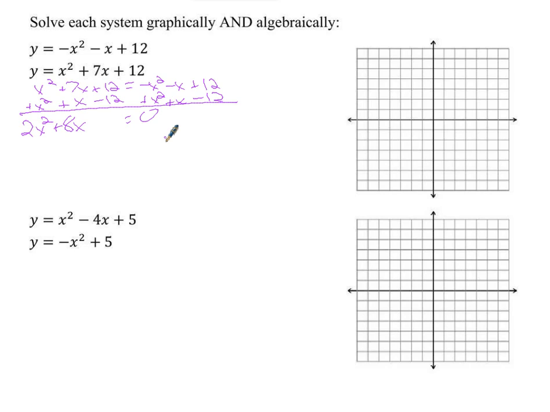Now what? So you want to complete the square here? How about you divide everything by 2 because you have a GCF of 2? So now I have x squared plus 4x equals 0. Now what?